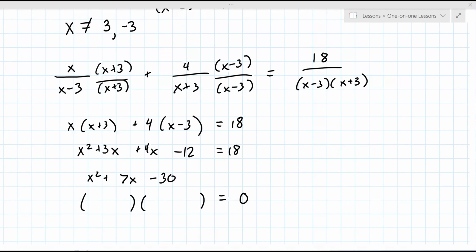Oh, I forgot to unmute myself. Okay. I got x plus 10 times x minus 3, and because x cannot equal plus or minus 3, it would only be negative 10 that works in this case. That's right. So sometimes you have to even just cross that out to show that you got it, but it's not part of the solution space.